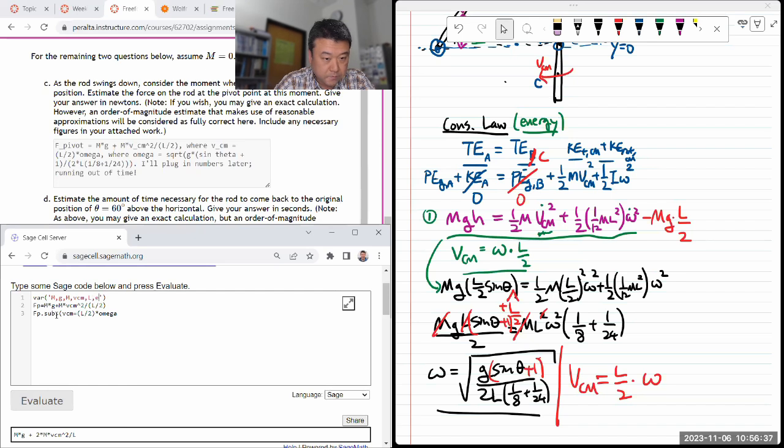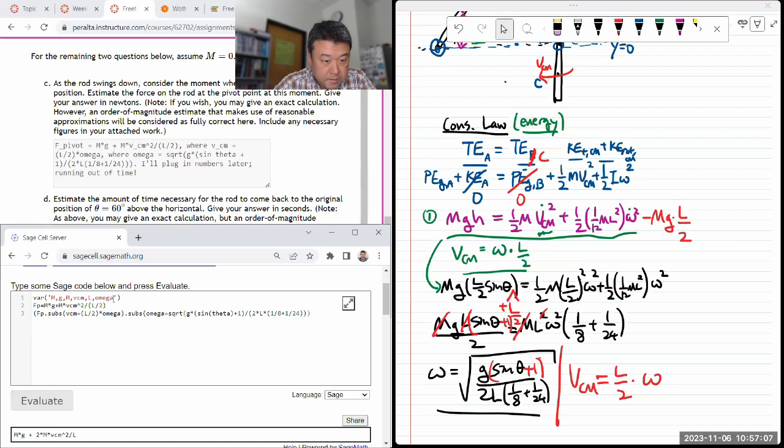Oh, I need the expression for omega. And after this, I'm going to substitute in what omega is. Omega is square root of g times the sine of theta plus 1 divided by 2 times L times 1 over 8 plus 1 over 24, square rooted.